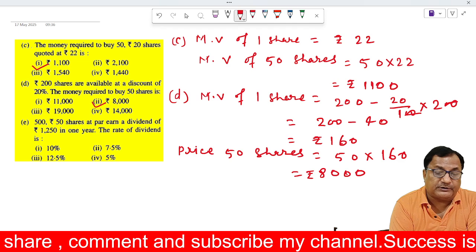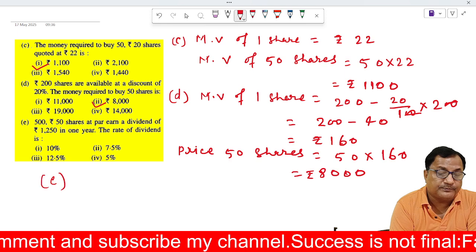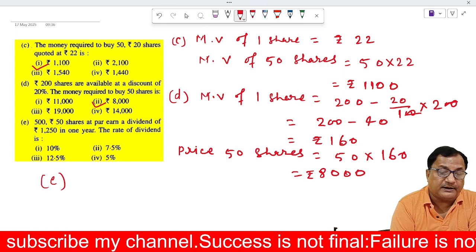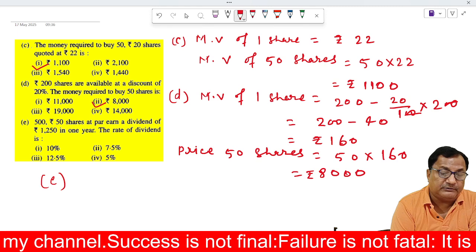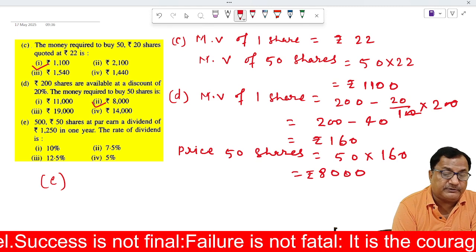Now see question number E. 500 shares of rupees 50 at par earn a dividend of rupees 1250 in 1 year. The rate of dividend we have to find.